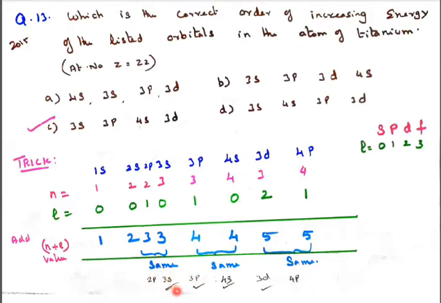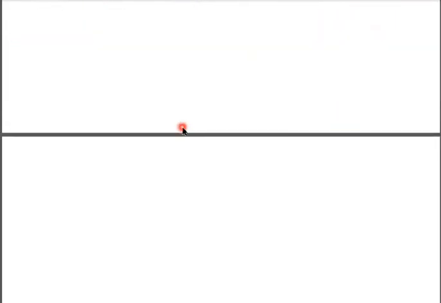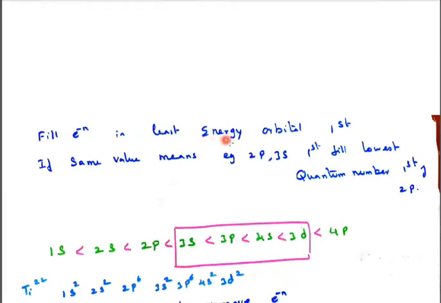So the order is 3s, 3p, 4s, 3d. You just say this: fill the electron in the least energy orbital first.